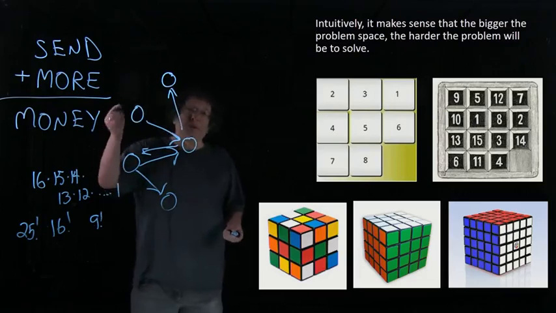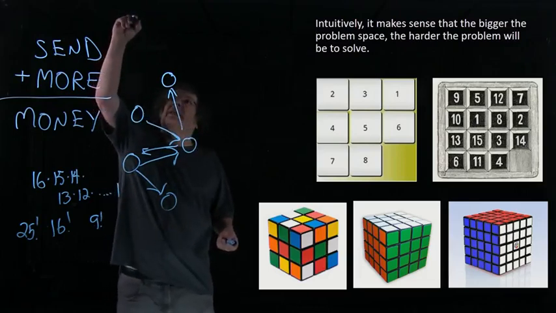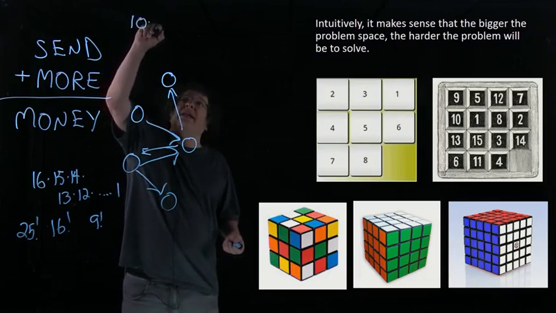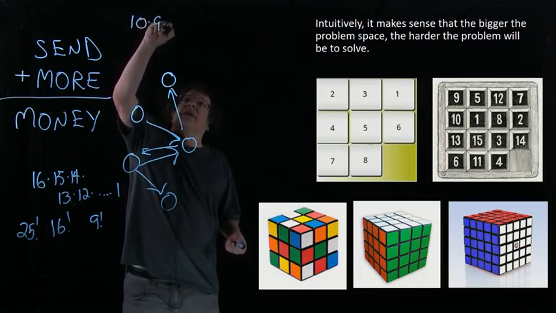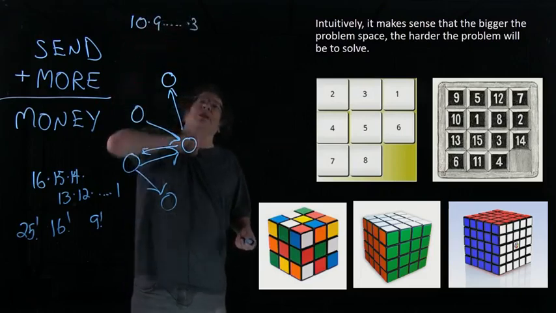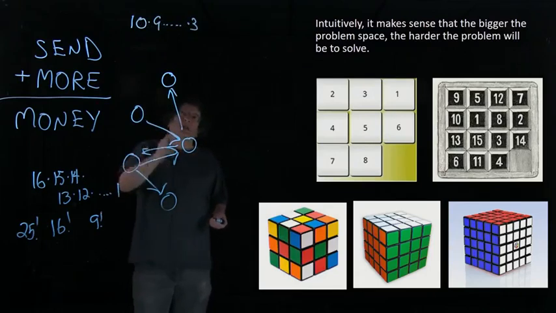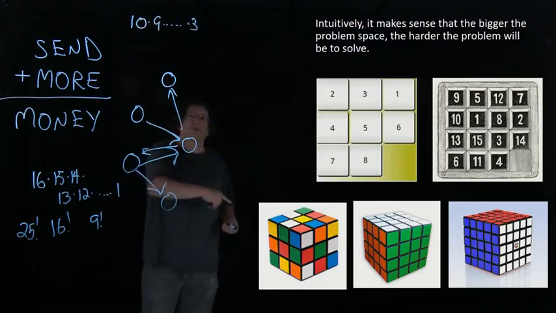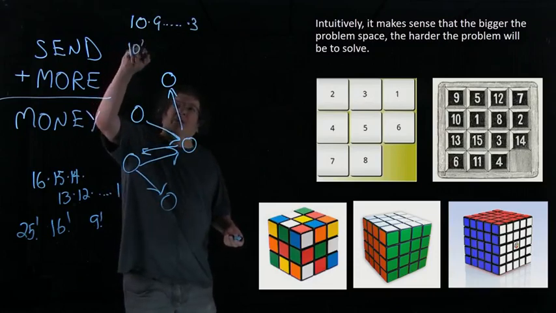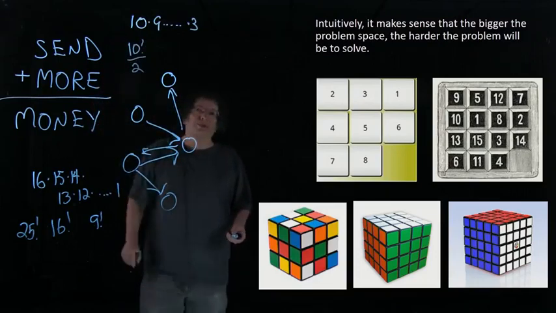So a first reasonable estimate is 10 factorial. Actually, it's not quite 10 factorial because we only have 8 letters. So we end up going down to 10 times 9 times 8 times 7 times 6 times 5 times 4 times 3, which another way of writing that is 10 factorial over 2.